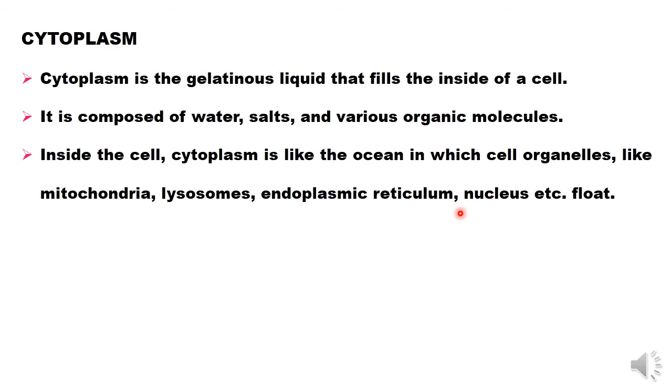With this, remember, we have covered all those structures which are essential for any structure to be called a cell. What are those structures? Plasma membrane, nucleic material, which might or might not be covered by the nuclear membrane, and third, cytoplasm. In our next lecture, we will start learning about the cell organelles.